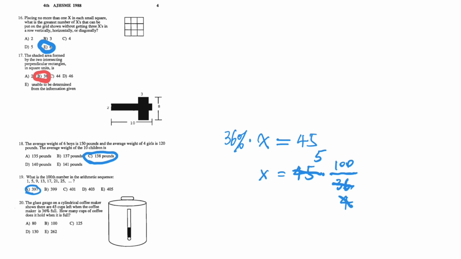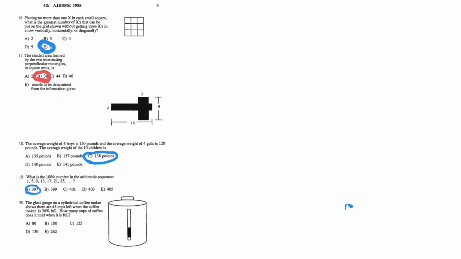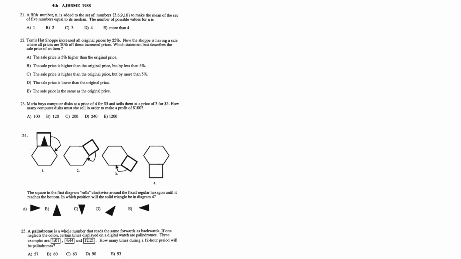And also 100 cancels with 4, that's 25. So the answer is 5 times 25, that's 125 cups. That's the answer C.